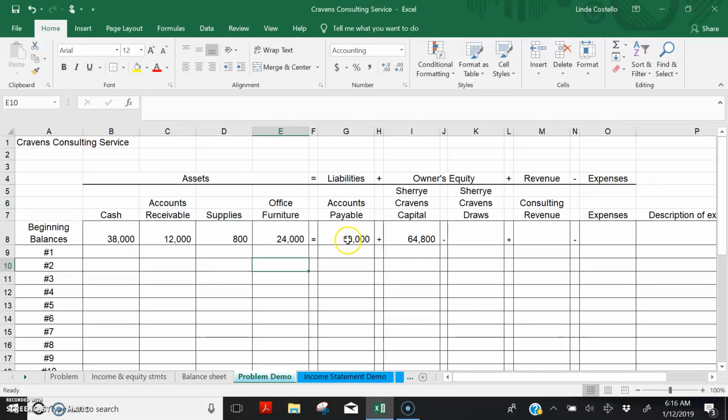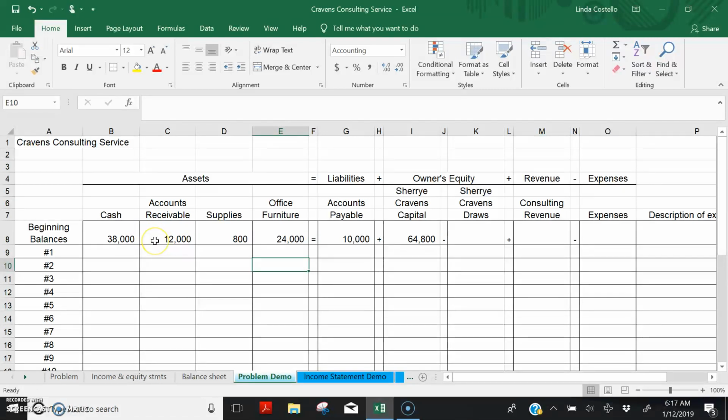And the answer is yes. Our assets total $74,800, and liabilities plus capital also equals $74,800. So our books are in balance on January 1st before we begin posting our January business transactions.